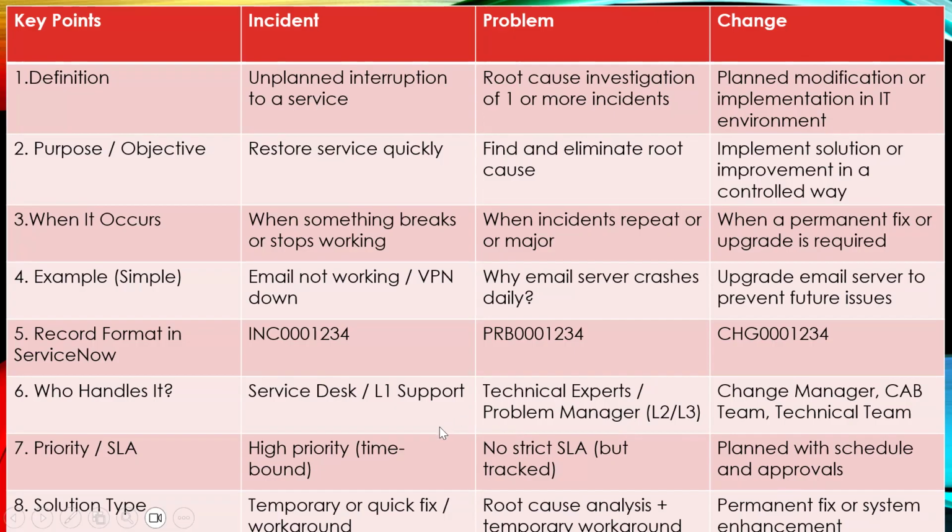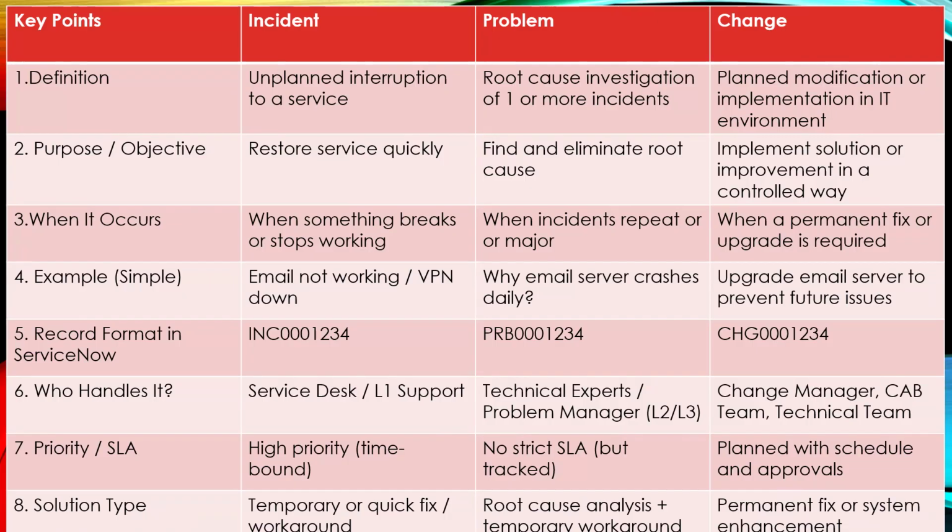For an incident, the solution type is a temporary or quick fix, because it should not affect the business or the end users. That's why it is resolved with a temporary fix or workaround. For a problem, the solution is root cause analysis.